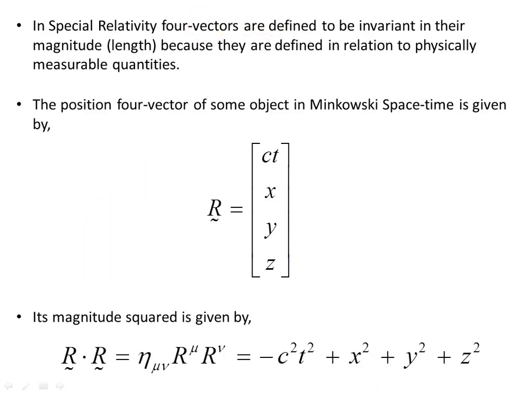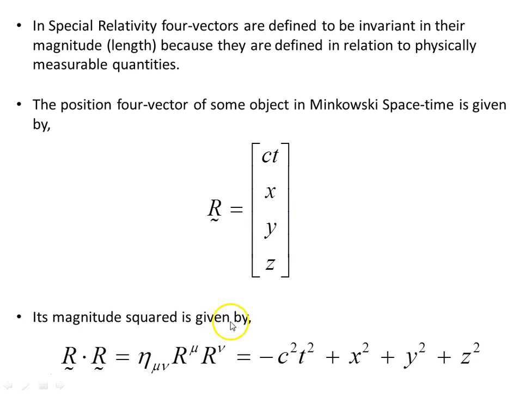Alright, in special relativity, 4-vectors are defined to be invariant in their magnitude or length because they are defined in relation to physically measurable quantities such as the speed of light or the rest mass of the particle, and we'll see that shortly. So the position 4-vector of some object in Minkowski space-time is given by this object here: time, and the position coordinates x, y, and z.